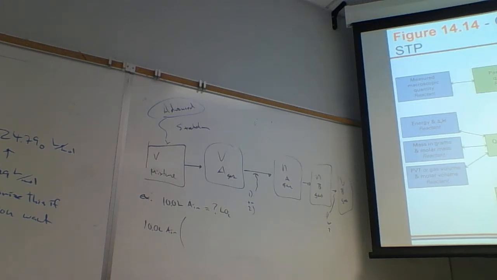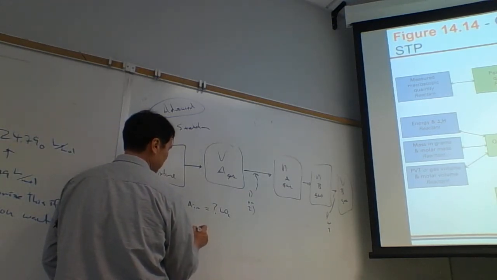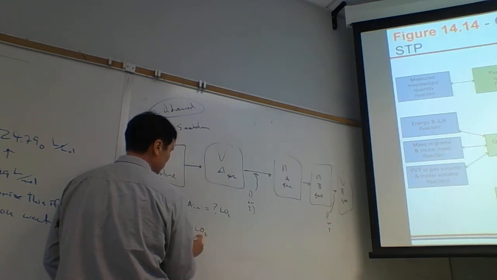Well, it turns out that the mole percentage is the same as the volume percentage. And so for every 20 liters of O2, I have 100 liters of air. So if I have 10 liters of air, there are only 20 liters of O2 for every 100 liters of air.